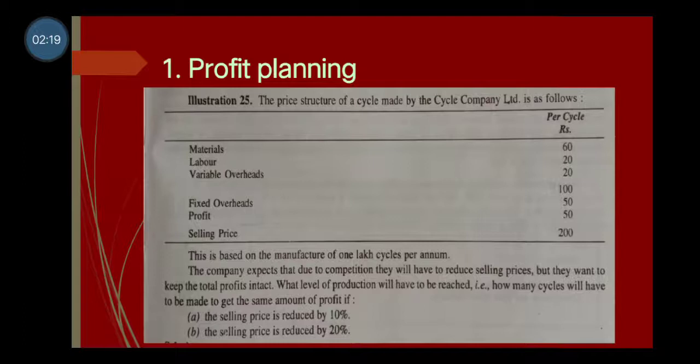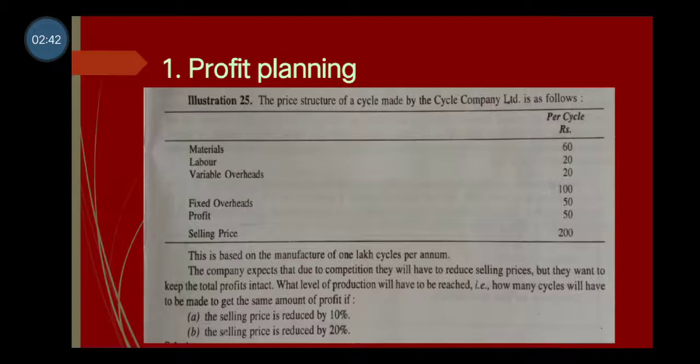So here I show you one question that you have to solve, that is coming under the first area, profit planning. The price structure of a cycle made by the Cycle Company Limited is as follows. Materials rupees 60 per cycle, per unit details are given there.